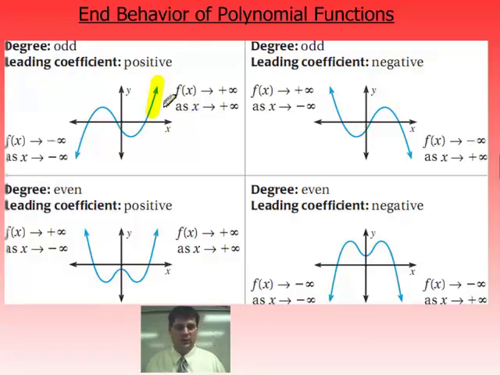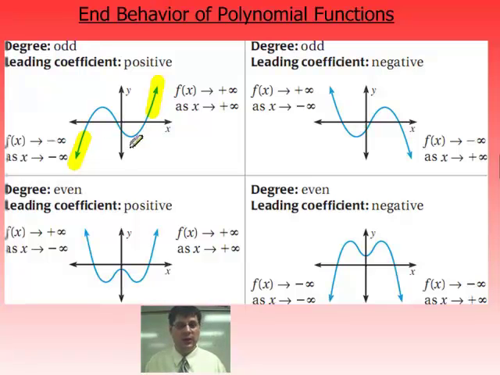How does it finish off? What does it keep doing? So at the right end as well as the left end. This is known as left end behavior, and the right side is known as right end behavior. It's just going to keep heading in that direction for infinity.